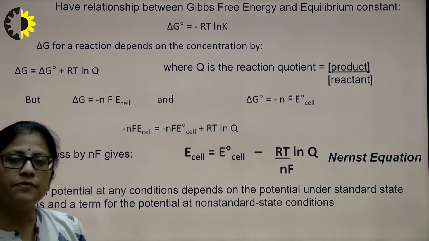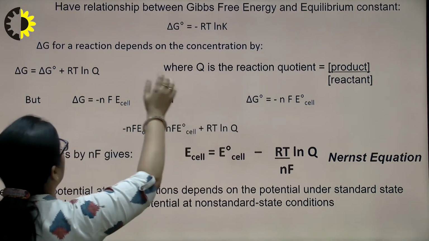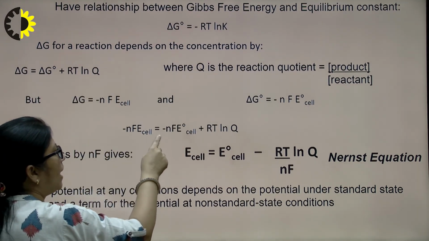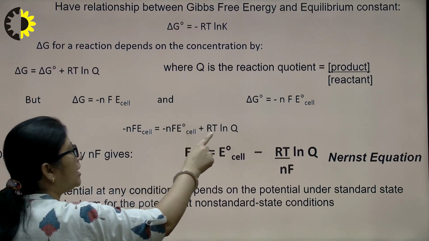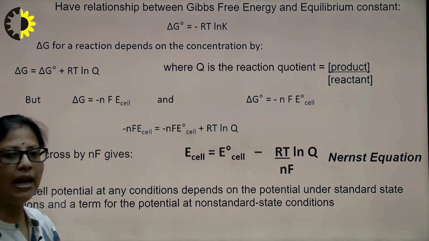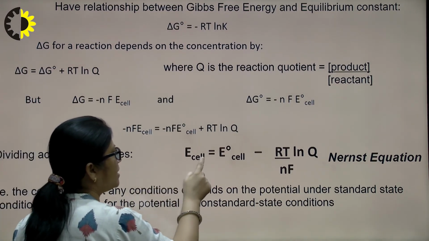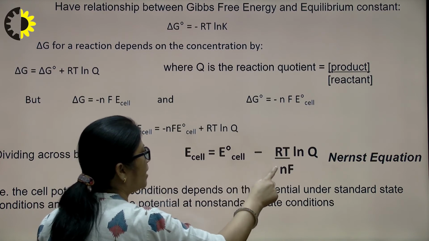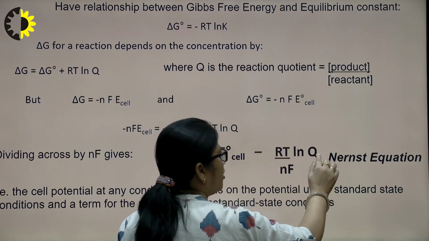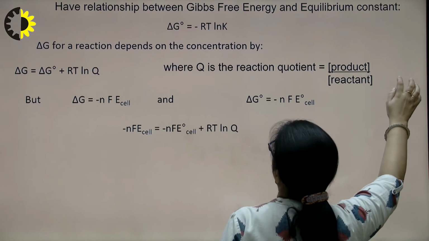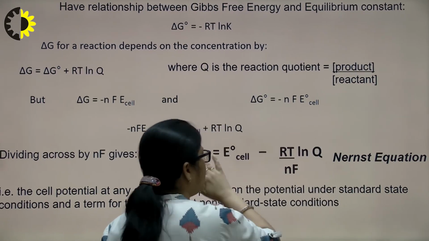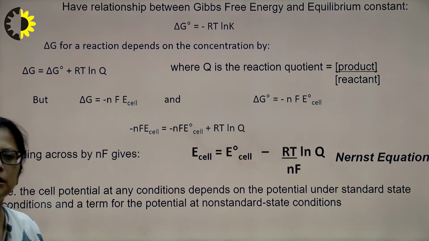So, on putting these values of delta G and delta G naught in this equation, we get minus nFE cell is equal to minus nFE naught cell plus RT ln Q, and dividing the entire equation by nF, we get E cell is equal to E naught cell minus RT upon nF ln Q. Again, Q is nothing but the concentration of the products divided by the concentration of the reactants, and this equation is known as the Nernst equation.